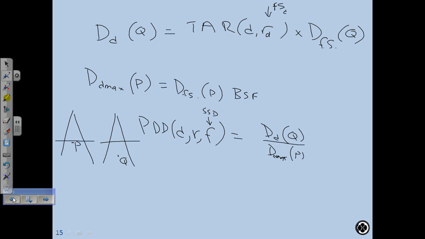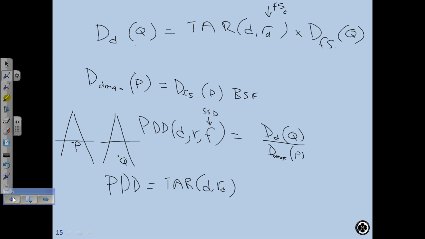Now we're going to replace these two values into this equation, and that becomes PDD equals TAR, which we're using from up there, for depth D and R_d.